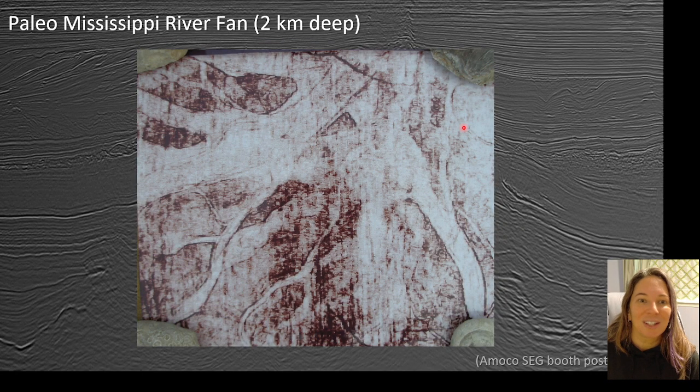So getting started, here's an example of one of the earliest coherence images that was generated in Aramco back in 1995 for seismic data that was acquired over the South Marsh Island in the Gulf of Mexico shelf.